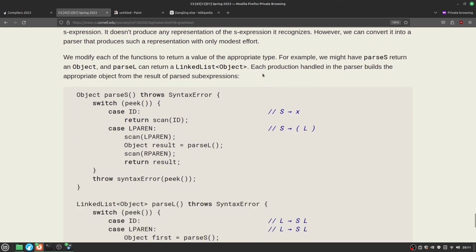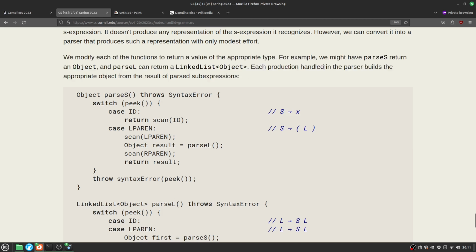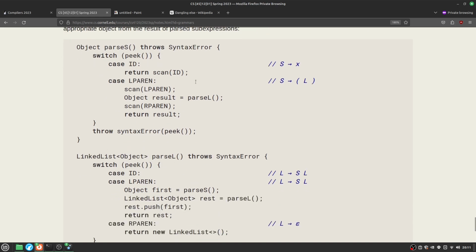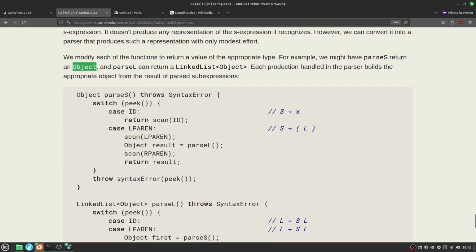Each production handled in the parser builds the appropriate object from the result of parsed subexpressions. Object parse S, so return scan ID, which returns just an object.